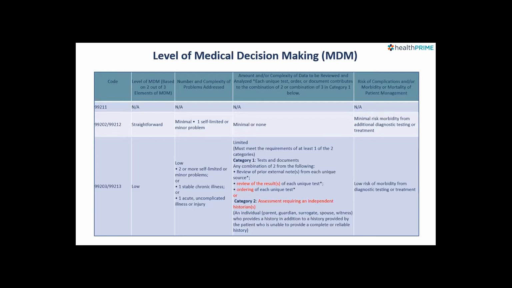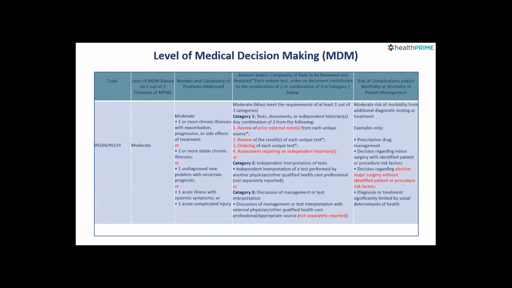So for level 3, we must meet the requirement of one of the 2 categories. Either the test and documents documented in the medical record, or documentation of assessment requiring an independent historian. So this is a new term introduced for 2021.